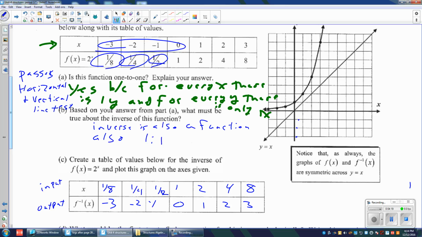Then at 1 for x, it's 0 for y. Keep on going. 2 for x, 1 for y, 4 for x, 2 for y, 8 for x, and 3 for y. Connect them smoothly. Even though it says plot, I want you to graph them. Put an arrow.